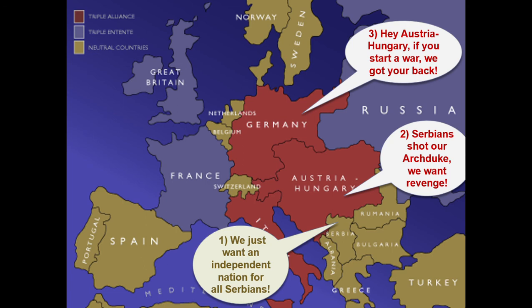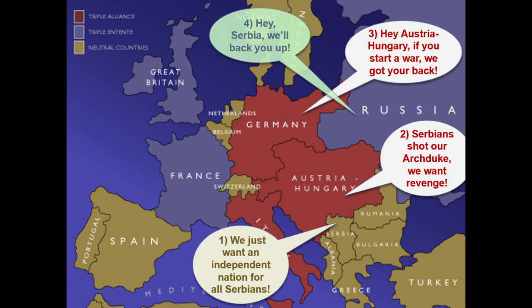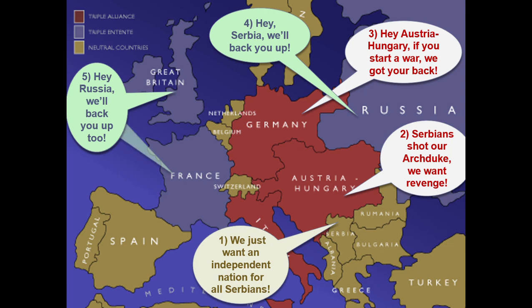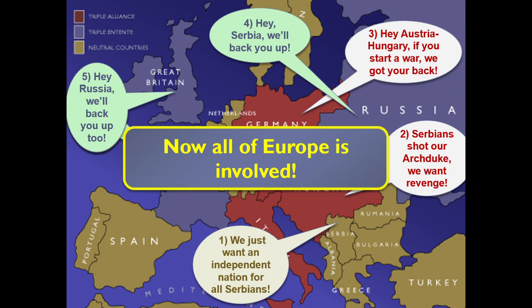Germany has an alliance with Austria-Hungary, so they say, hey, if you start a war, we got your back. But Russia has an alliance with Serbia and says, hey, we'll back you up. France and Great Britain are teamed up with Russia. They say, Russia, we got your back.